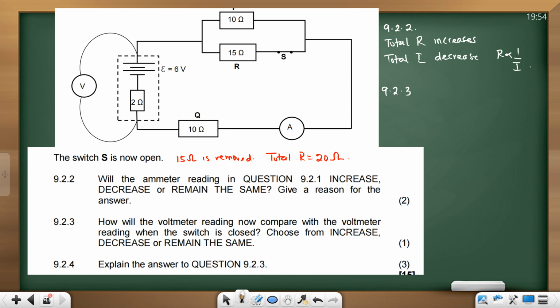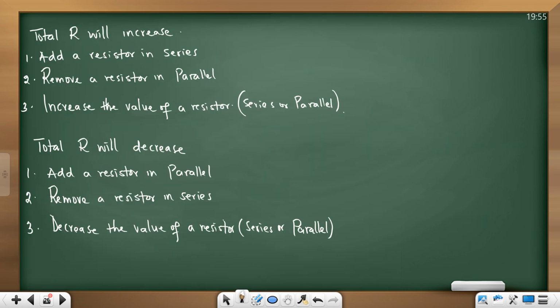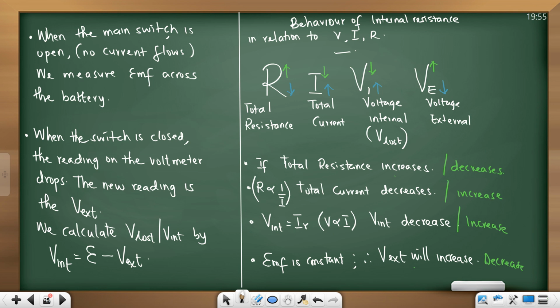How will the voltmeter reading now compare when the switch is closed? Look, it's 1 mark plus 3 marks. How many marks? 4. And that's your 4 marks. 1, 2, 3, 4.